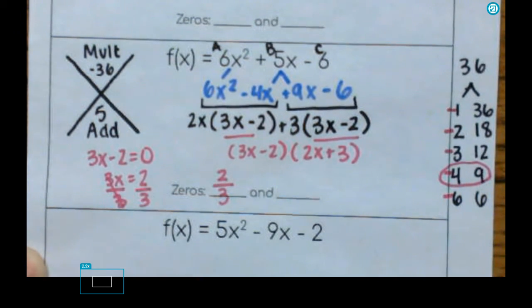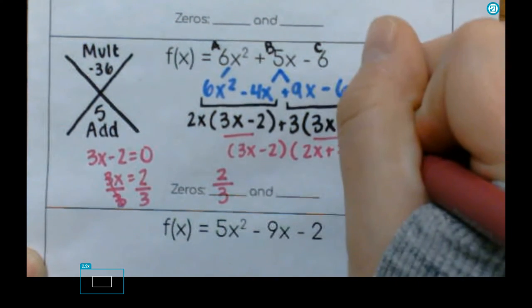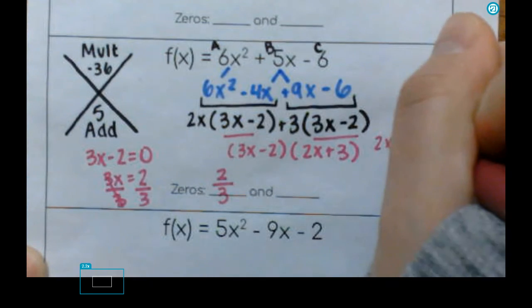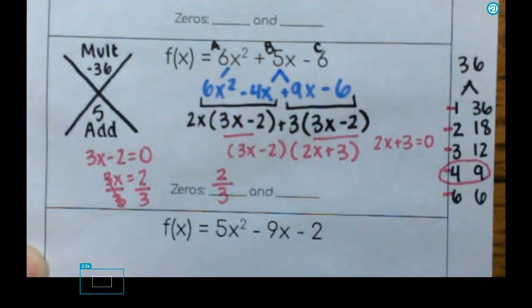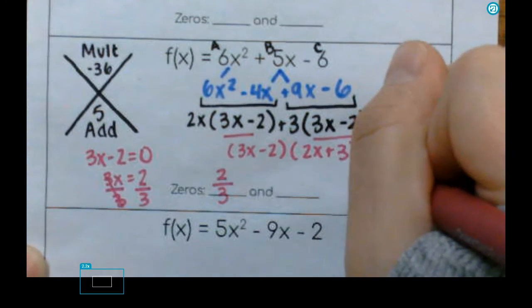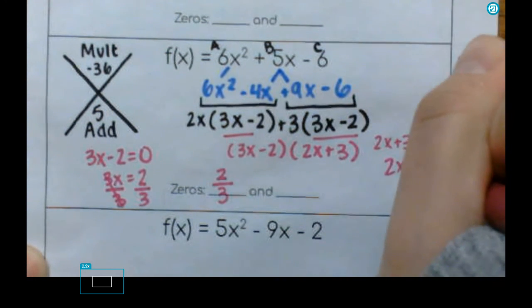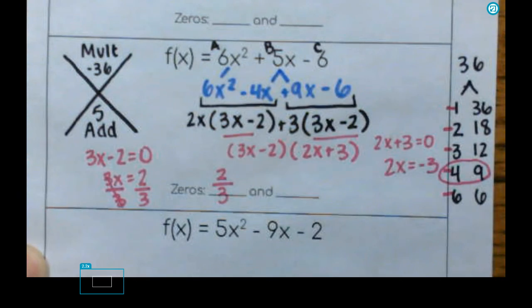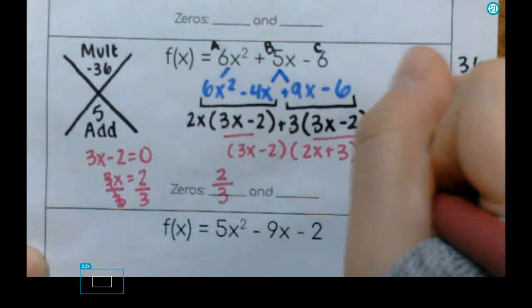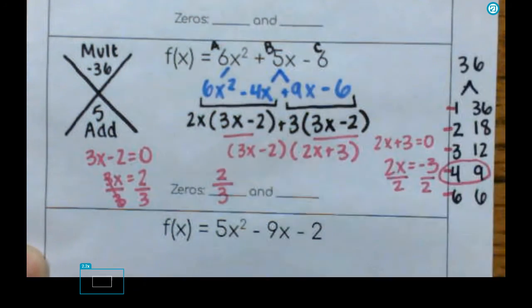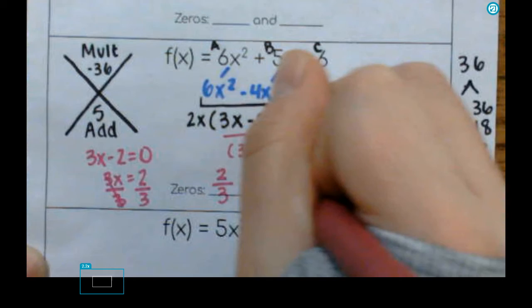For my other answer, I've got 2x plus 3 equals 0. I would subtract 3 from both sides, and I'll get 2x equals negative 3. And then I'll divide both sides by 2. And I'll get x equals negative 3/2.